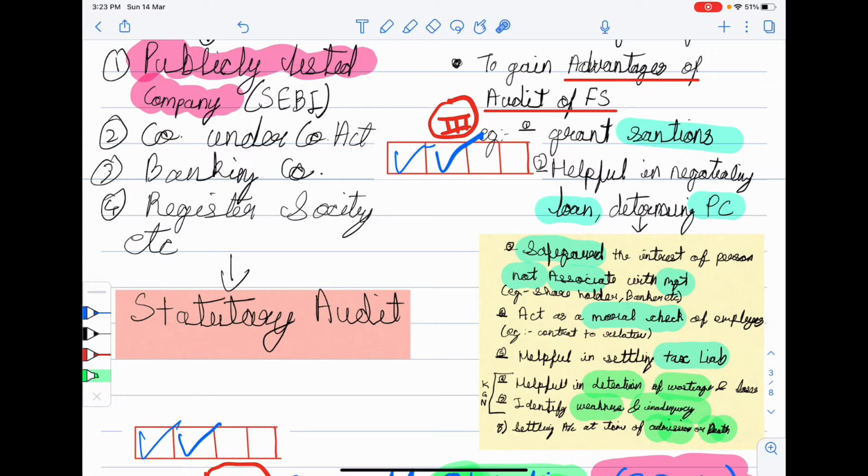It acts as a moral check of the employees. It helps in settling tax liabilities, helps in detection of wastages and losses, identifying weakness and inadequacy, settling accounts at the time of admission and death. So easy. So we have learned one question, that is, advantages of audit of financial statement.